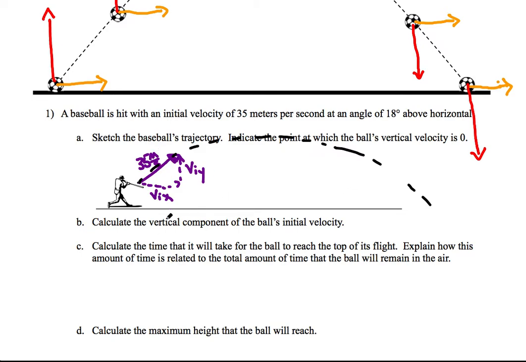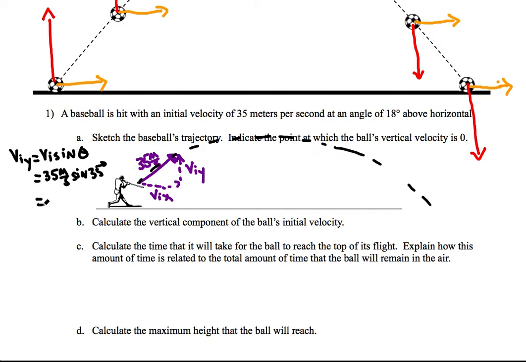The second part is to figure out the vertical component of the initial velocity. As we saw before, V_iy is equal to V_i times sine of the angle. So this is 35 meters per second times sine of, oh, I'm sorry, this is sine of 18 degrees. Go ahead, punch that into your calculator.